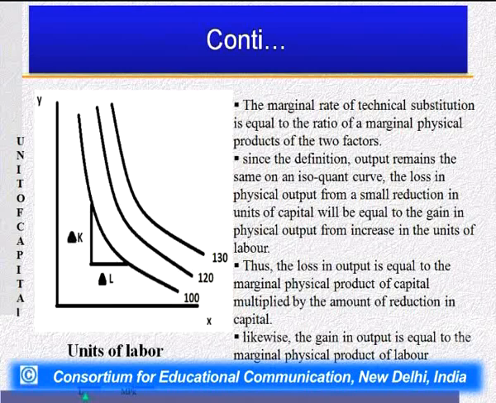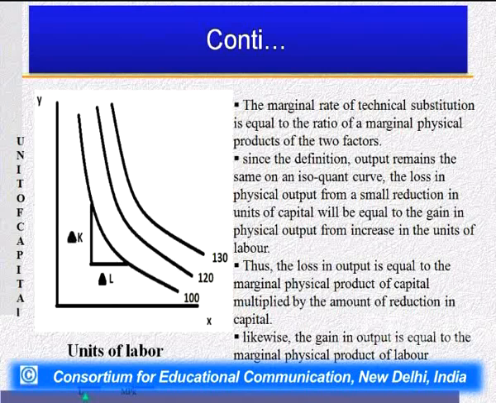Here you can see a figure in the isoquant map form, where the first figure gets more output in comparison to the previous one. Thus the loss in output is equal to the marginal physical product of capital multiplied by the amount of reduction in capital.